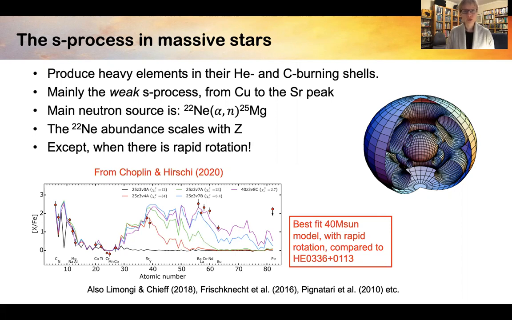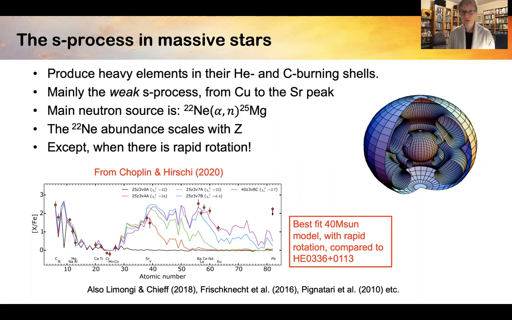Now, the main neutron source, and I will talk more about neutron sources later, when we talk about how the s-process works in AGB stars. But the main neutron source is neon-22 (alpha, n), which makes magnesium-25. Here, however, usually the neon abundance scales with metallicity. So if you have a very low metallicity star, you don't have much neon-22, except when there's rapid rotation.